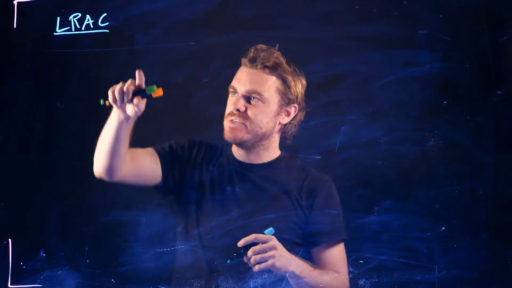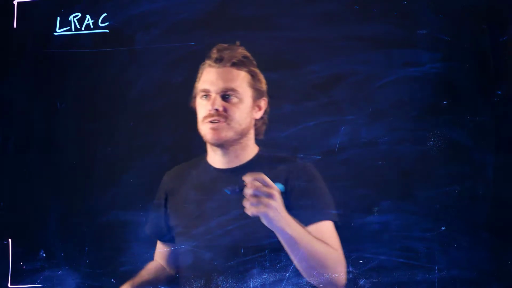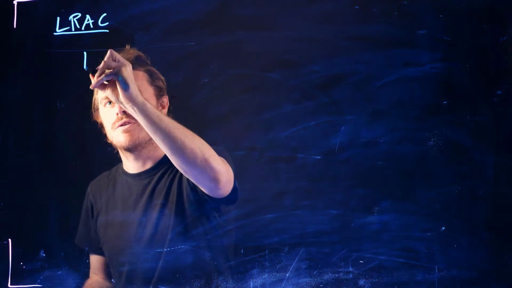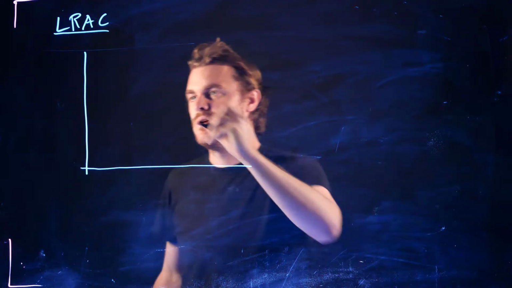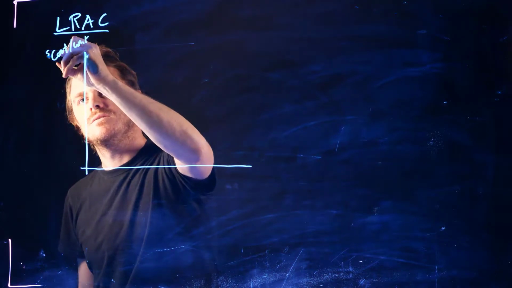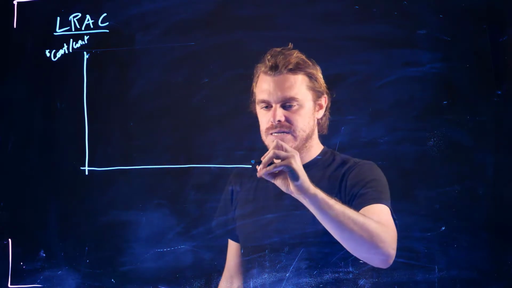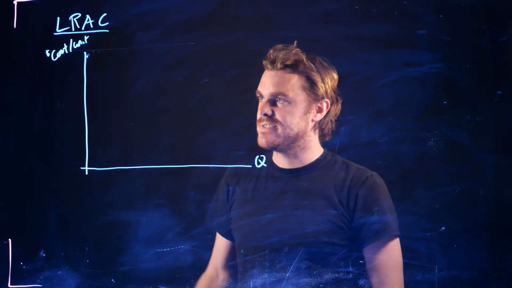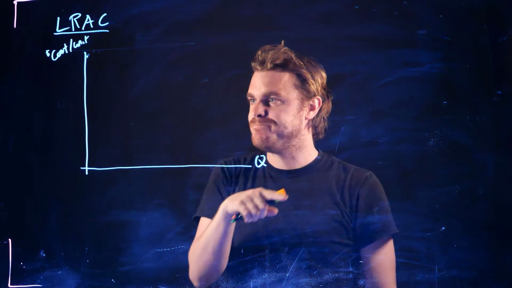This function is called the long run average cost curve. If you remember, we had the cost per unit, in dollars or yen or pounds, on the y-axis, and the quantity on the x-axis.